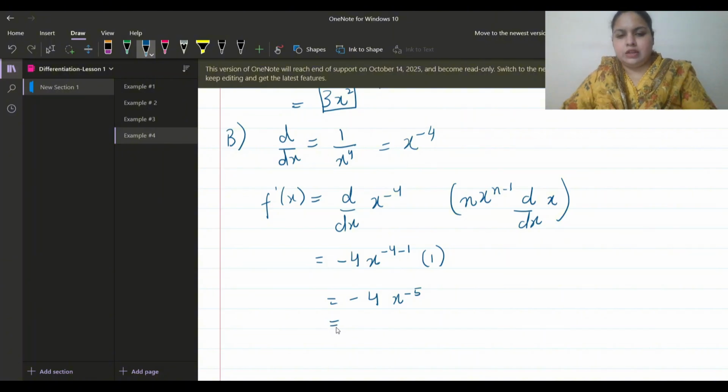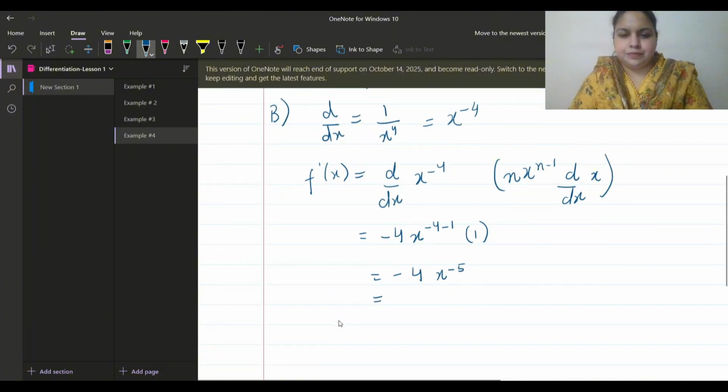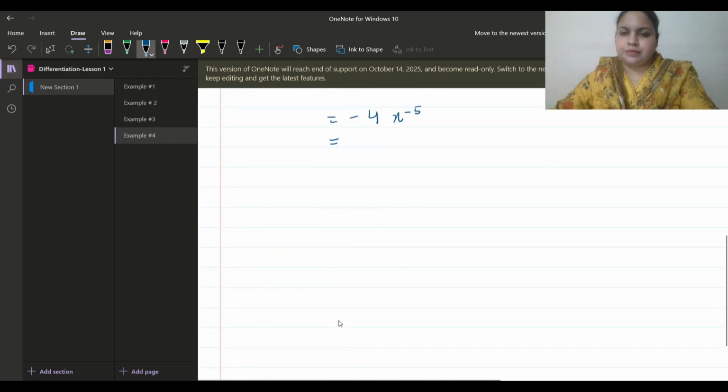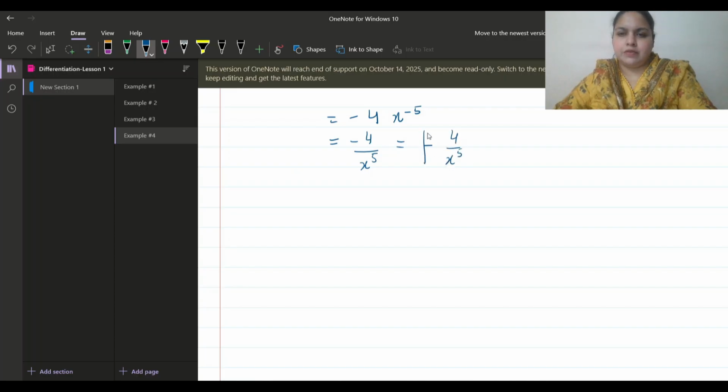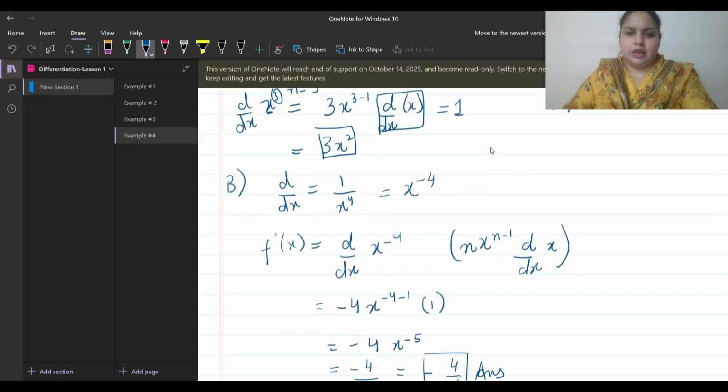Or you can also write it as minus 4 upon x to the power 5. Okay, so this is our required answer, and this was the answer of part A.